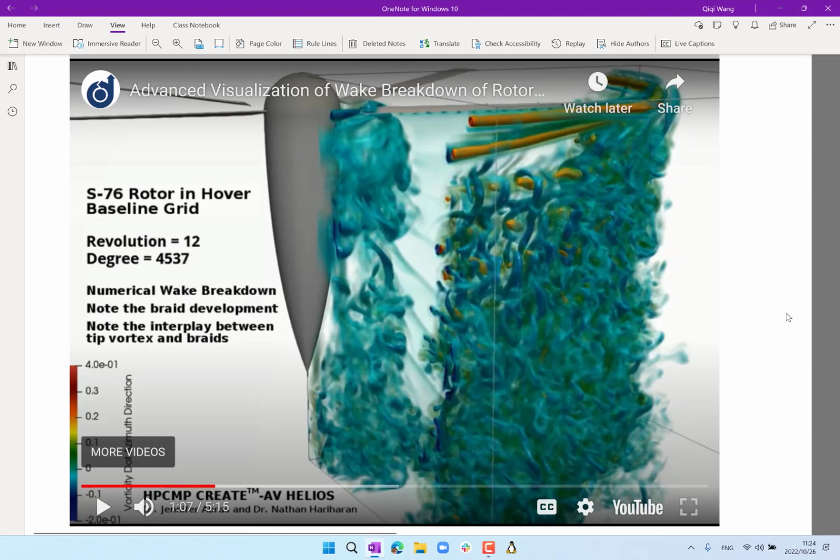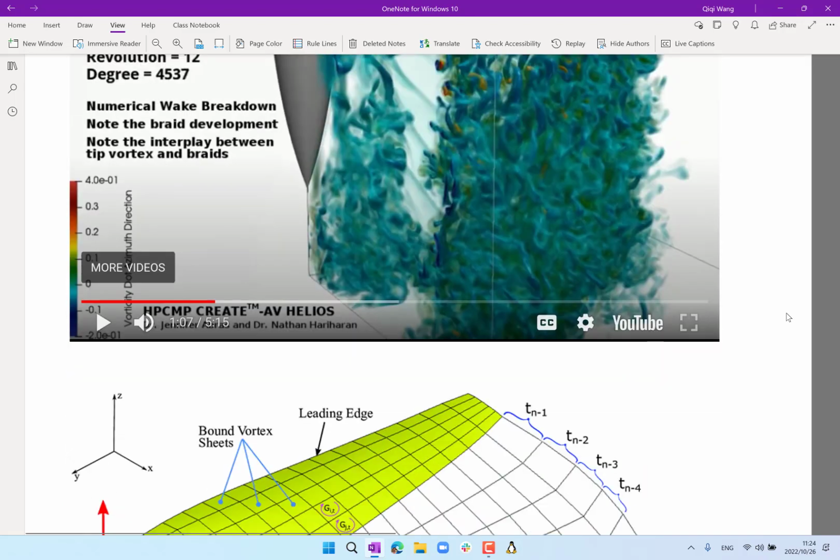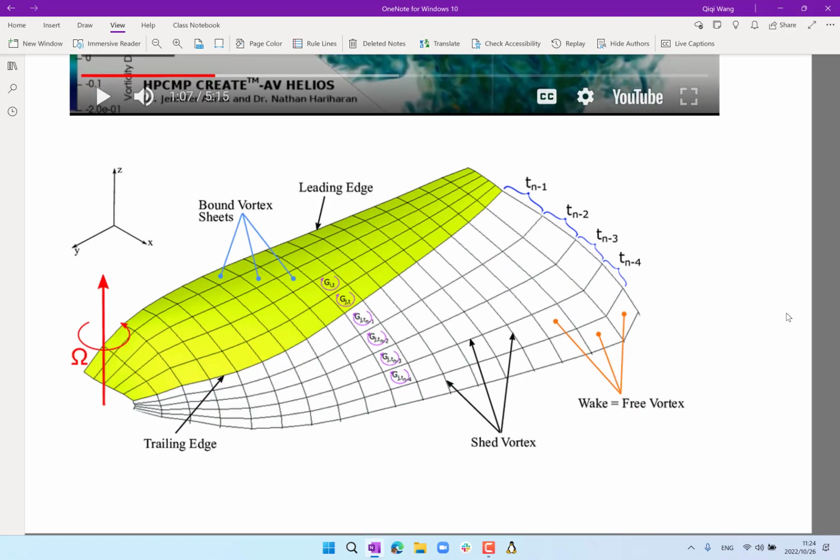Okay, so of course, if you want to use the vortex lattice method, you have to do a little bit of approximation, right? So you cannot have an infinitely fine vortex lattice that is going to allow these vortices to get distorted, right? So basically, you have to have a minimum resolution.